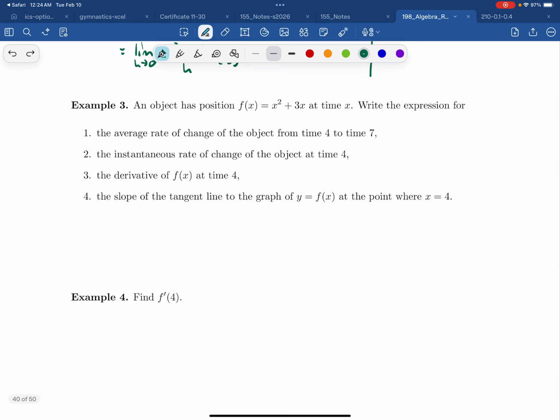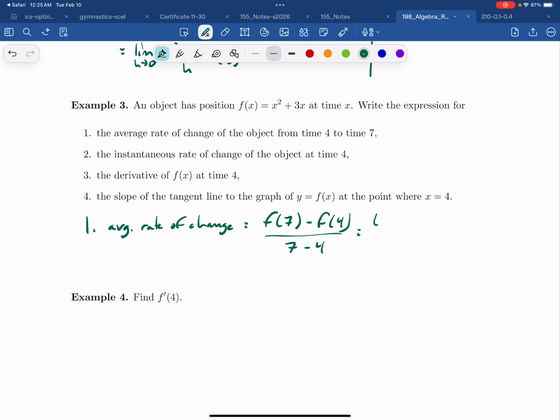Number one, the average rate of change from times 4 to 7. Average rate of change equals f of 7 minus f of 4 all over 7 minus 4. We can do this out.